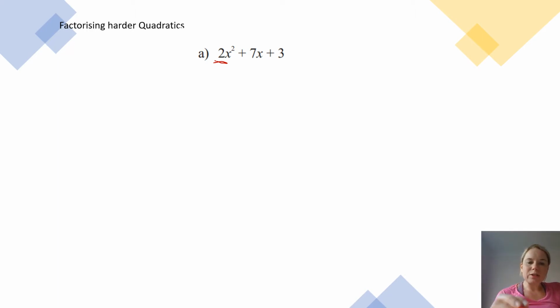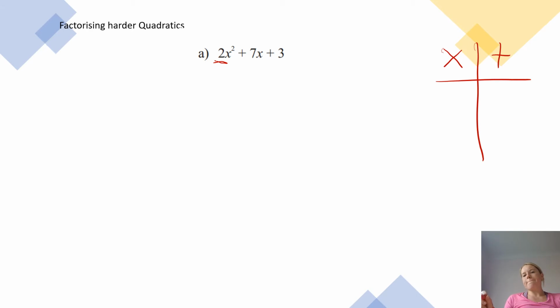So the first one, I'm just going to go through this as a bit of a reminder. What we want to find is always two numbers which multiply to get something and add to get something else. When it's harder quadratics, you first have to multiply the a and the c together, so the 2 and the 3 in this case, to get the multiplication.